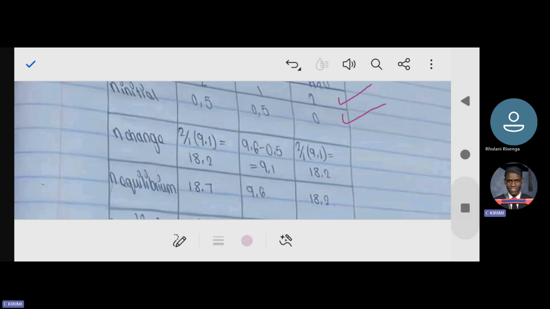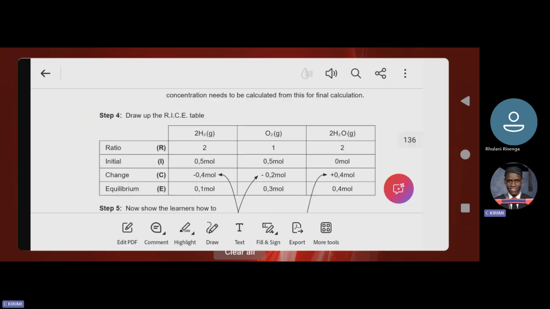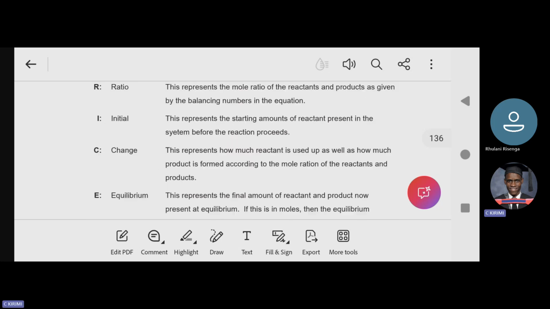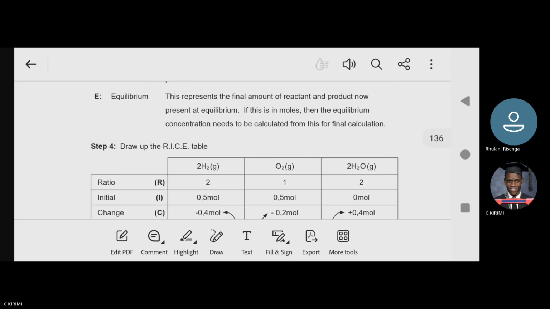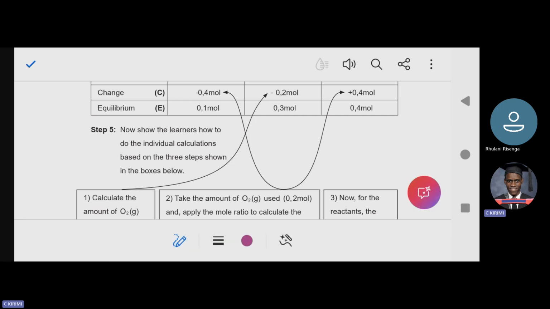So that's where these values are different on the change, where we are getting 0.4, then the other one we are getting 18.2. So let's rectify how those amounts were found. All right, so let's start with the change here. This negative one first.